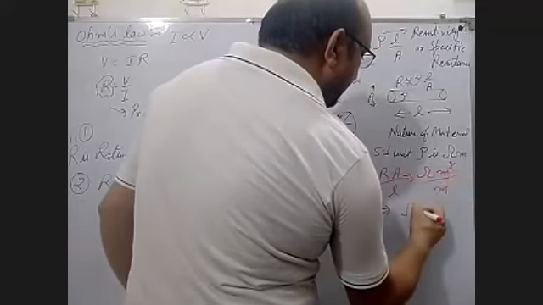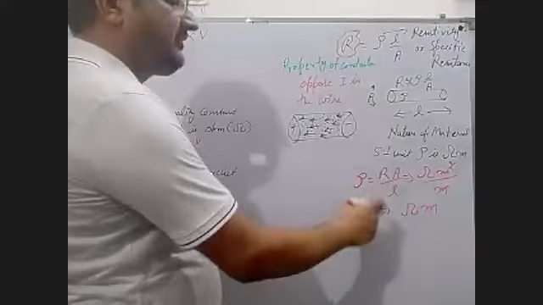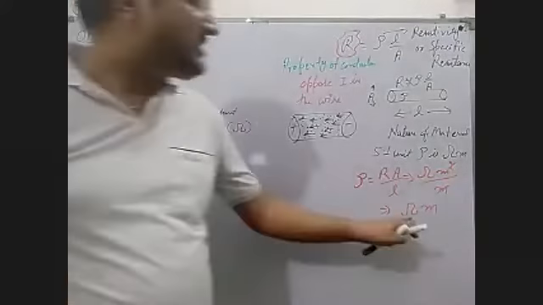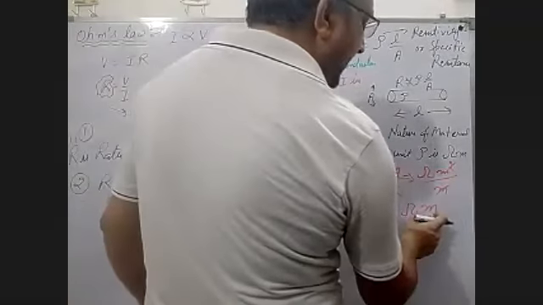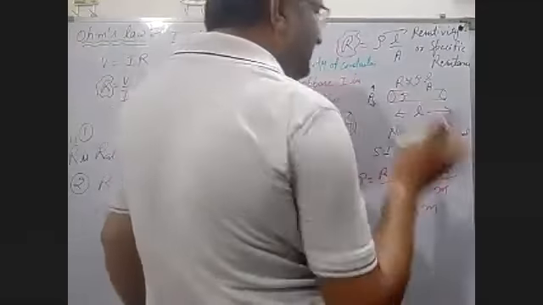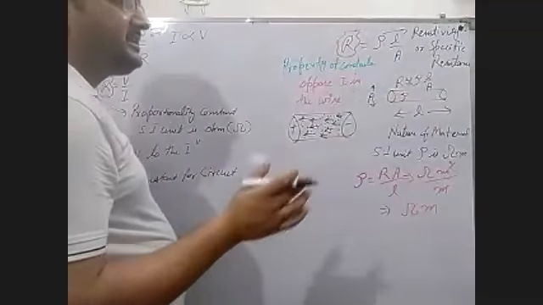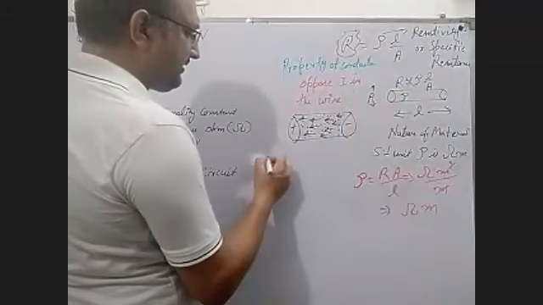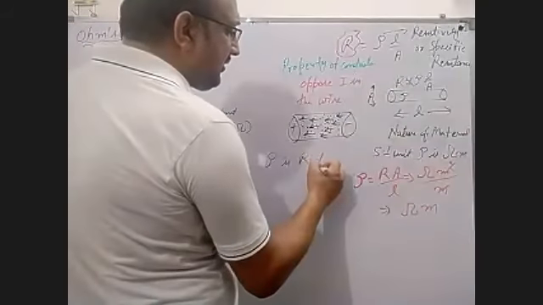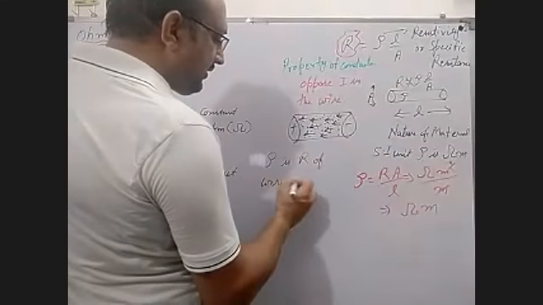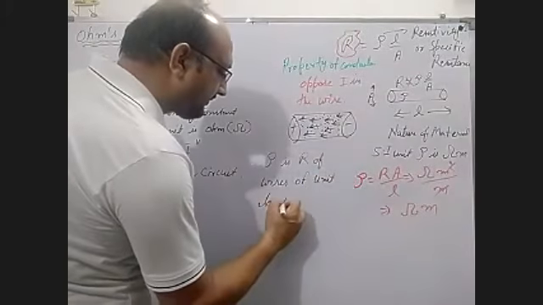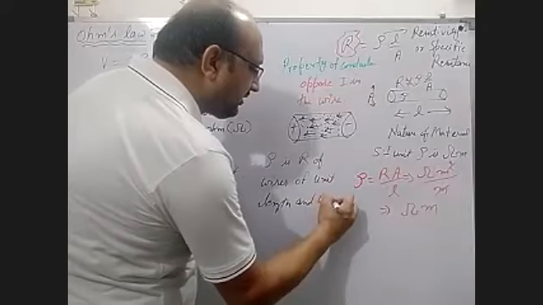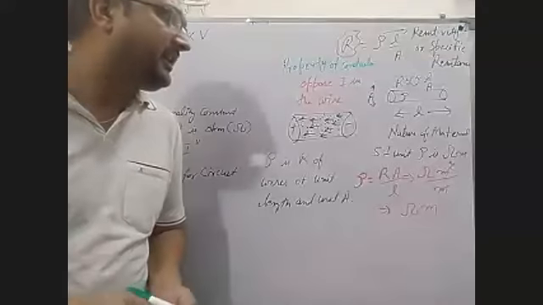Now the remaining unit for resistivity is ohm meter. What is the meaning of ohm meter? Ohm is the resistance and m is the meter. So resistivity is the resistance of a wire of unit length and unit area.